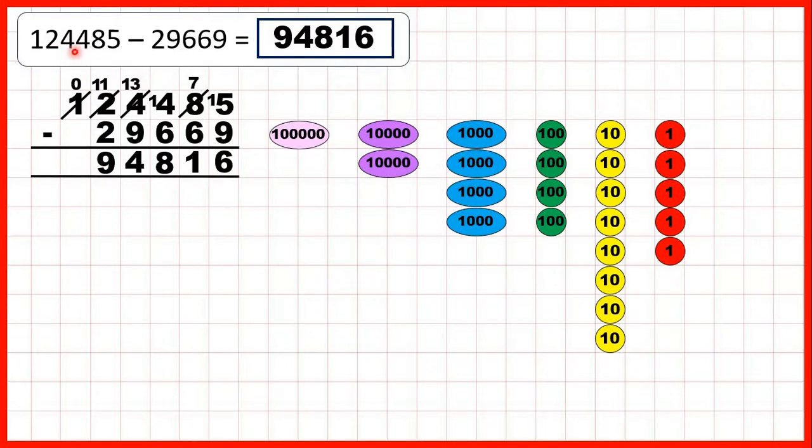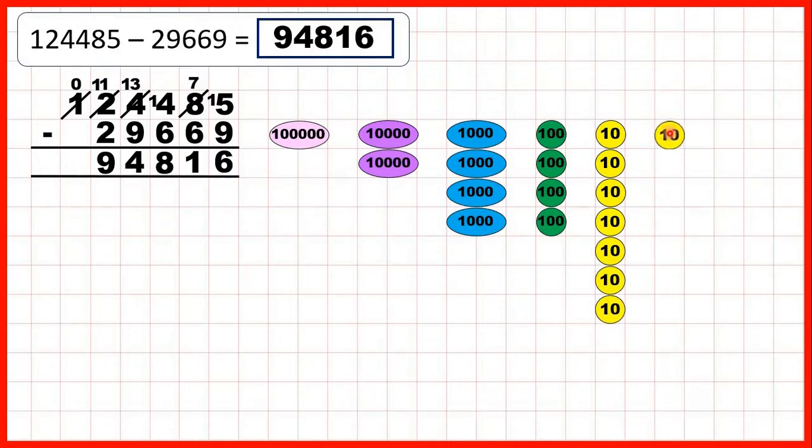Then we started with 124,485, which we've represented here. First, we needed to subtract 9 ones, but to do that, we had to exchange one of our tens for 10 more ones. So to subtract 9 ones, we can subtract 1, 2, 3, 4, 5.